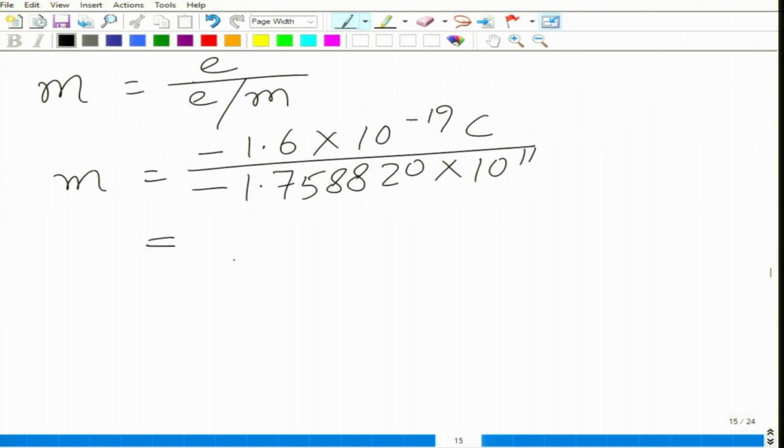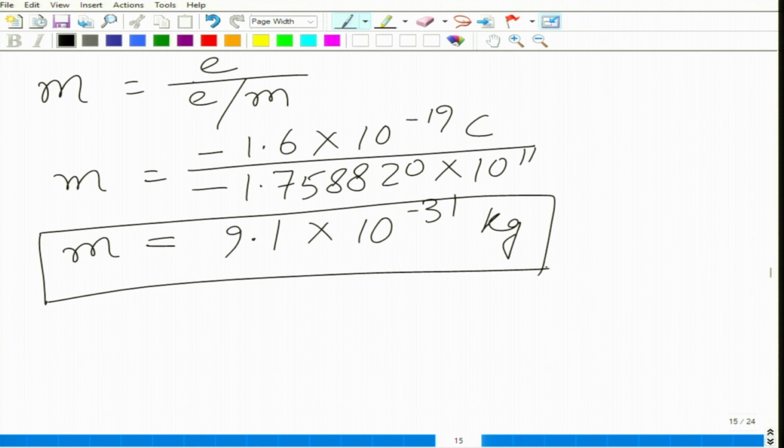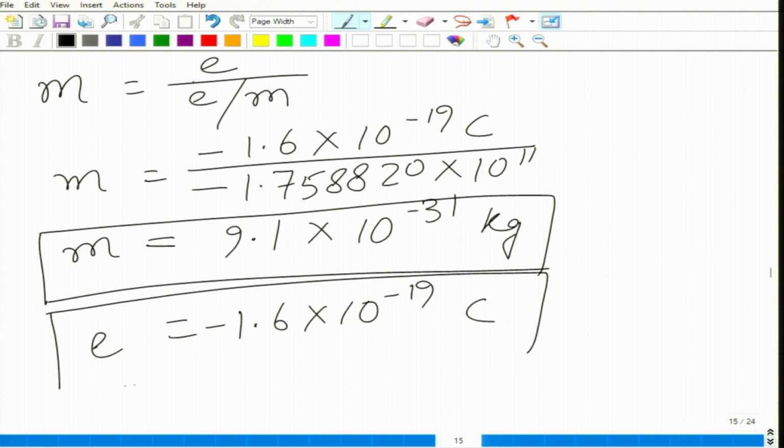This mass of the electron was calculated to be approximately 9.1 into 10 to the power minus 31 kg. This was the mass of the electron and this was the charge of the electron.